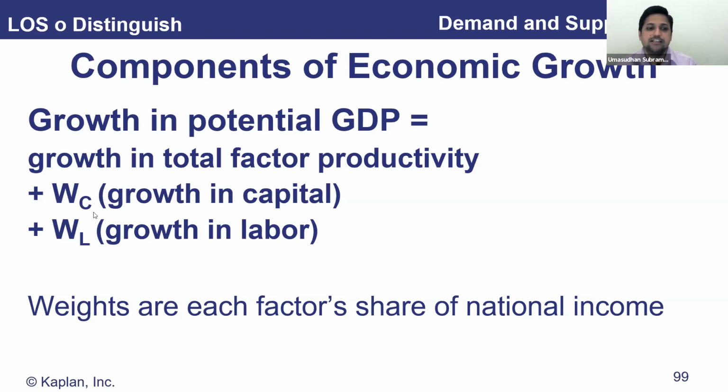I mean, the weight of capital and the weight of labor tell you the intensity of capital and labor in your production. Are you more capital intensive, or are you more labor intensive? Maybe you are 60% capital, 40% labor. If you are a developed country, maybe you are more capital and less labor. But if you are a developing country, maybe you have more labor and less capital.